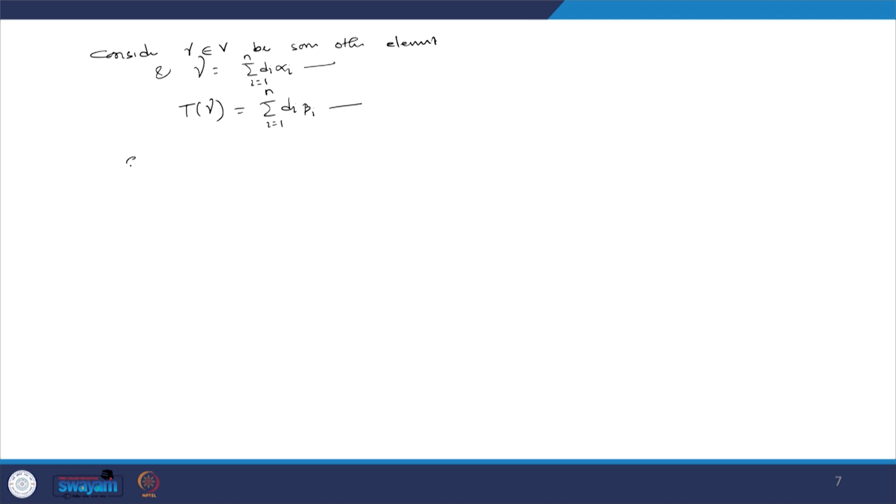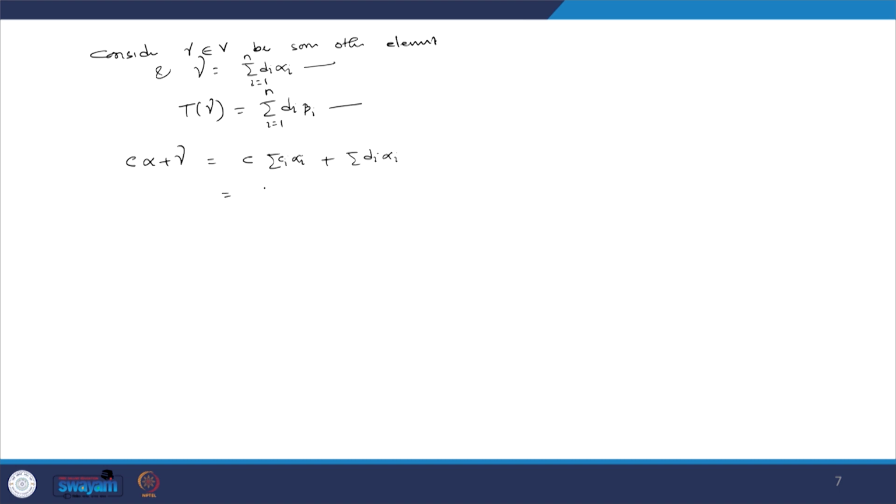Now, you see what is C alpha plus gamma? This is equal to C times sigma Ci alpha i plus sigma di alpha i.